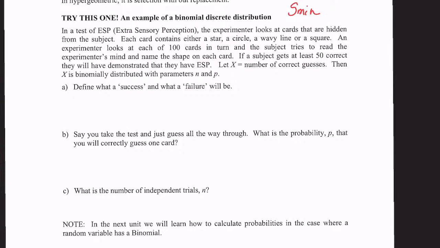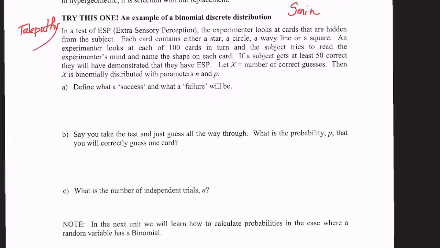Okay, so did you have a chance to read that? So this is a test for ESP. ESP is extrasensory perception, or telepathy. So we're going to see if someone can read minds.